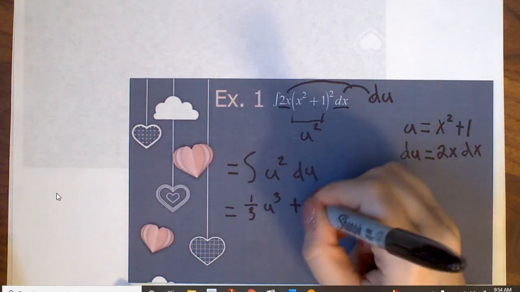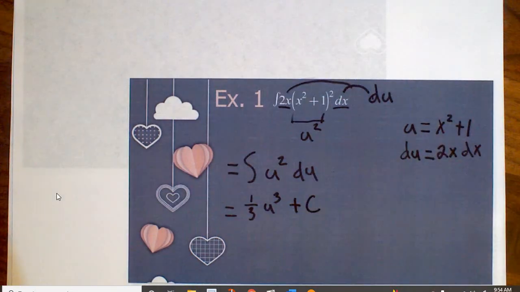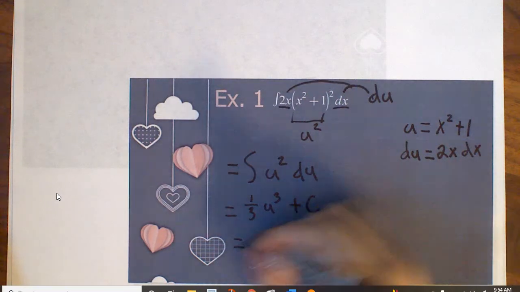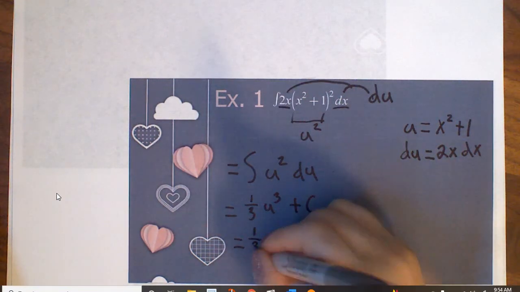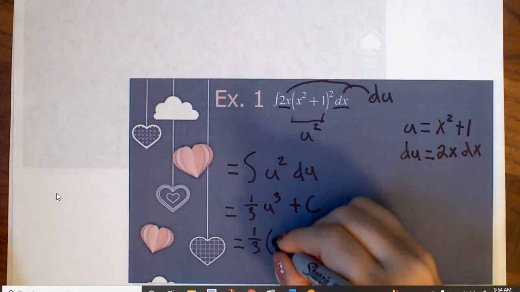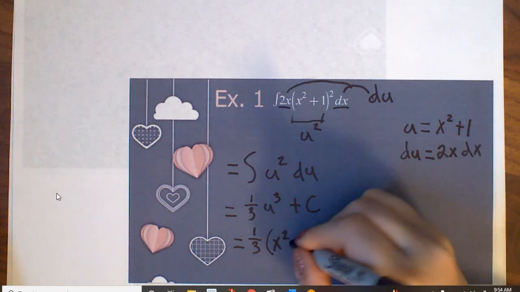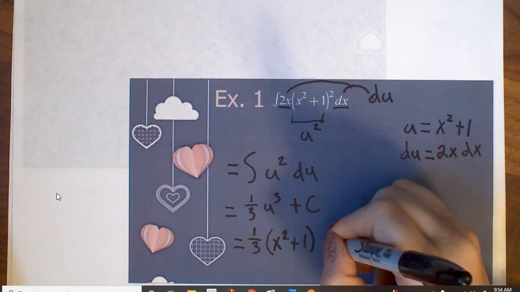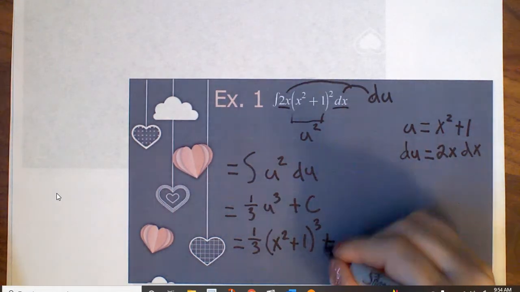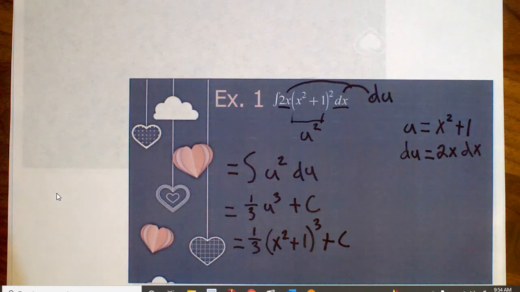And then we have plus c. Except our original function didn't have u's in it. It had x's in it. So for our last step, we need to replace our u with what we originally substituted it for. So x squared plus 1, and it's still to the third power. And I still have a plus c.